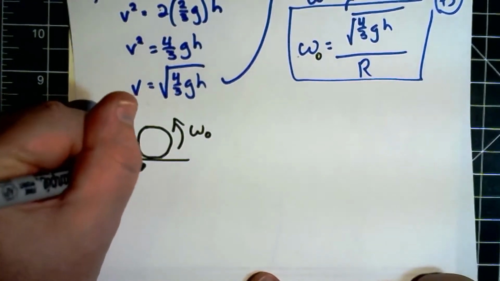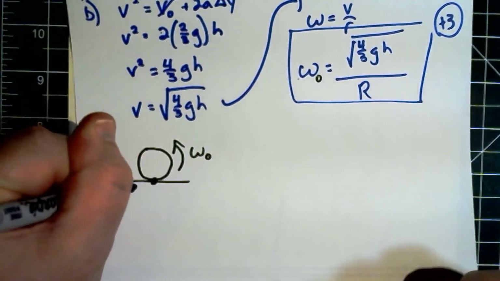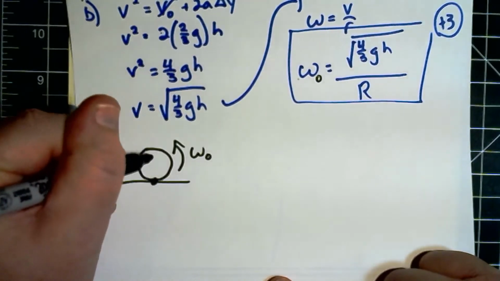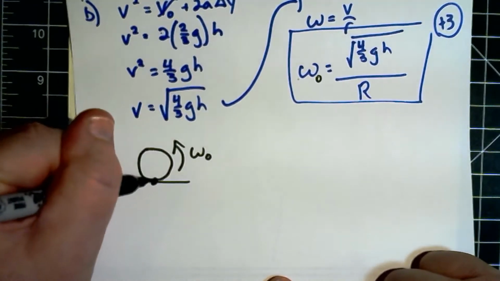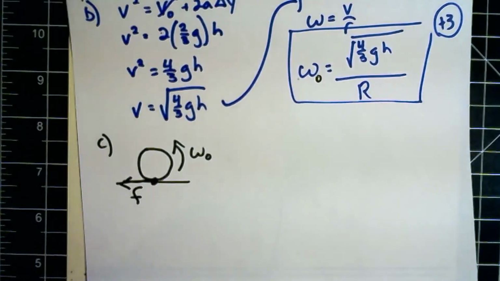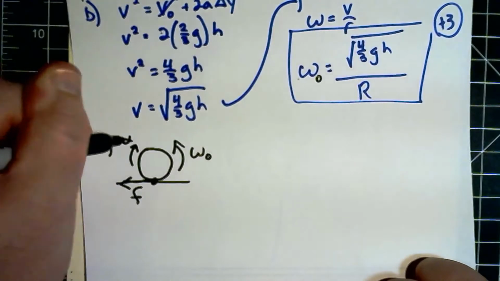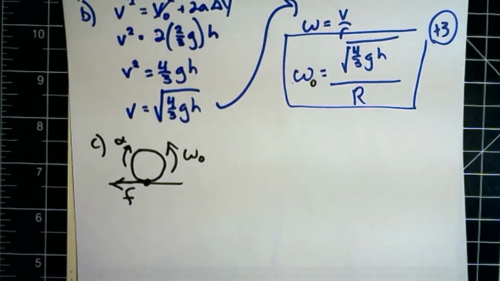But because there's some friction on the ground, as it spins this way, the friction is going to slow that rotation down. And so it has to have a counter torque in the opposite direction. And so that means that the friction is actually to the left, right? And so what that does is it causes an angular acceleration, a deceleration on that rotation.